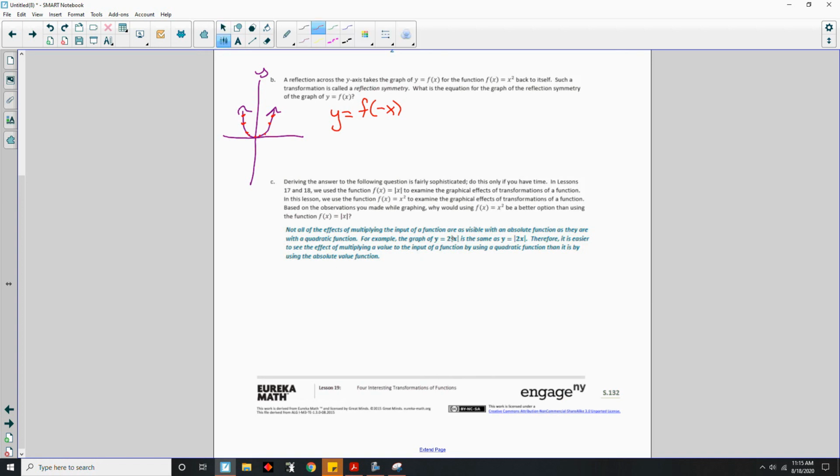If you move that 2 inside here and you have an x squared, y equals 2x squared, it's easier to see the effects of multiplying a value to the input of a function by using quadratic rather than by using the absolute value.